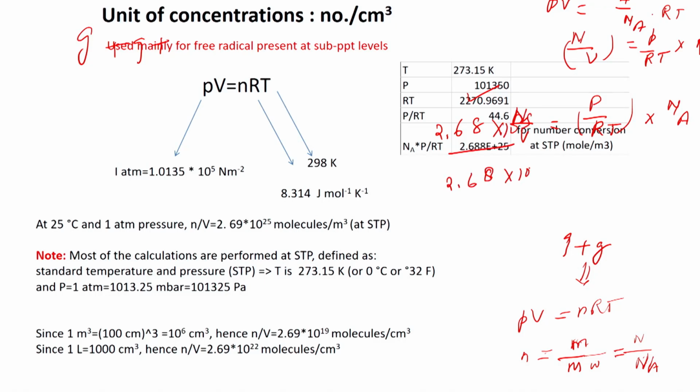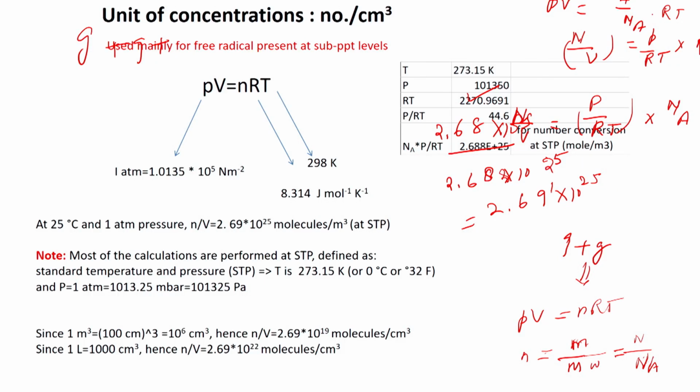Just if you see here, it will actually be 2.69 into 10 to the power 25. Now, what is the volume unit here? Remember, this is very important because we are taking all the calculations in SI units.